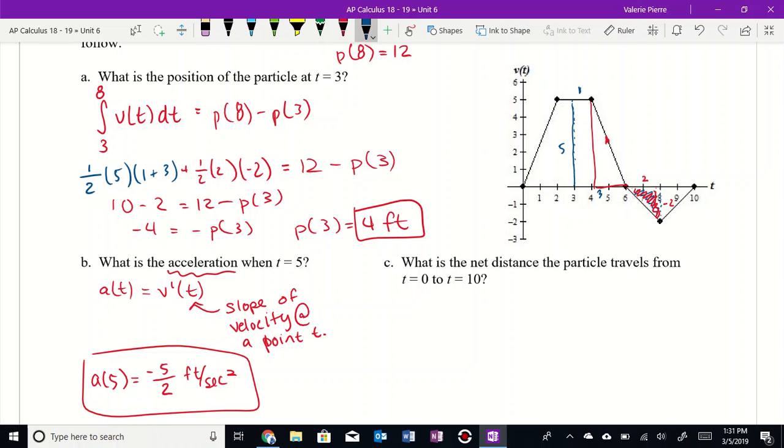Okay. Net distance from t of 0 to t of 10. So our net distance is just the definite integral from 0 to 10 of v of t dt.